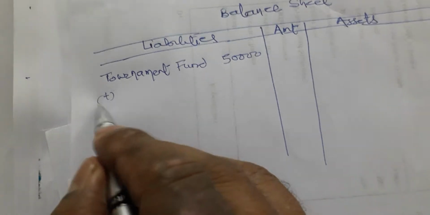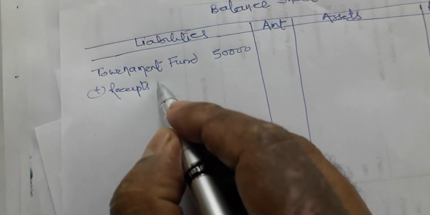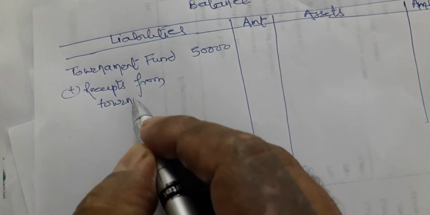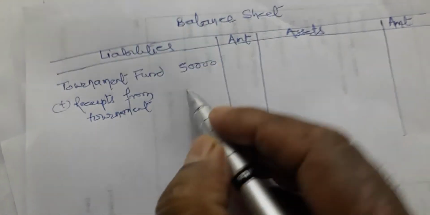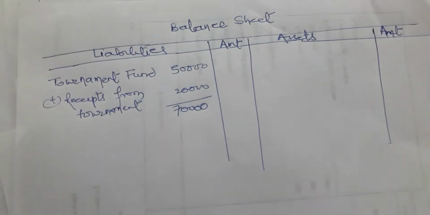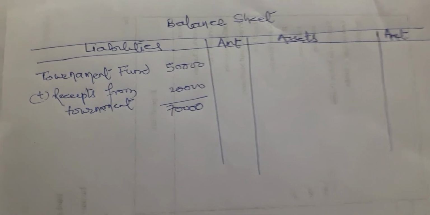So plus receipts from tournament is 20,000. So the total tournament fund in hand is 70,000.